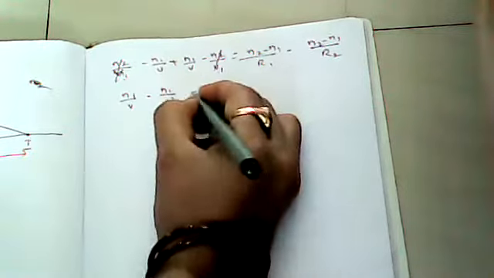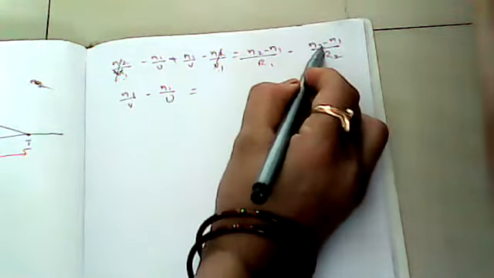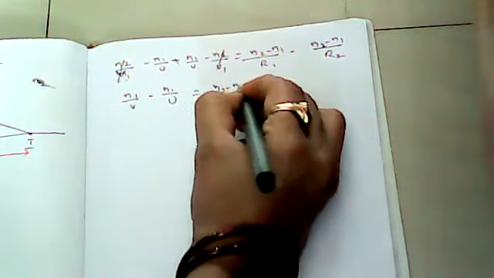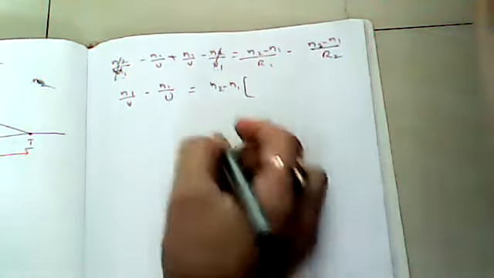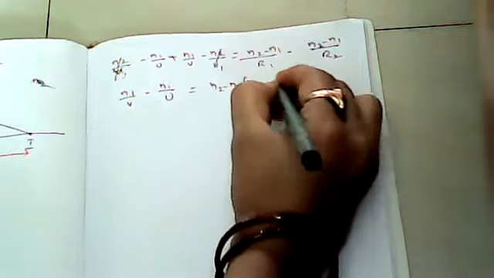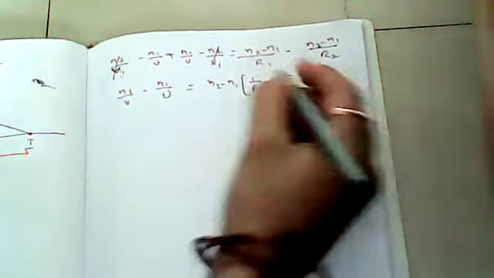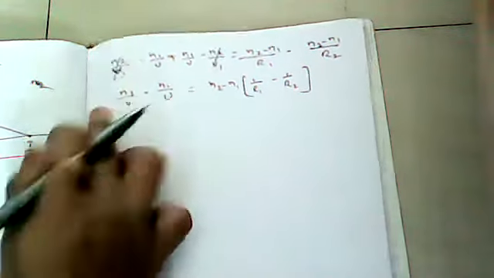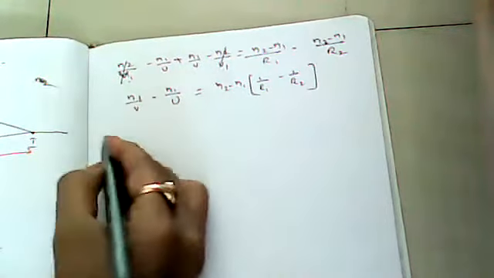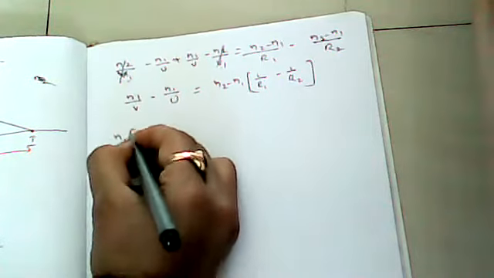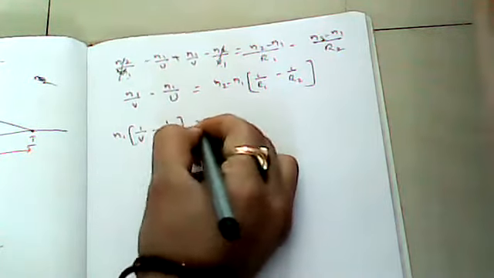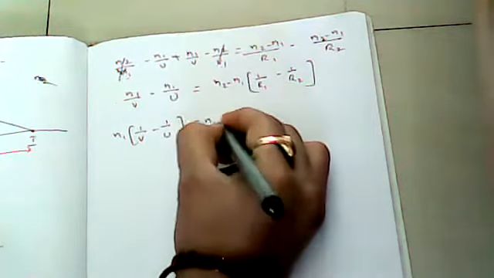Okay, right, which is equal to, here N2 minus N1 is common. So taking N2 minus N1 common, what we get there? 1 by R1 minus 1 by R2. Okay, so here ಇಲ್ಲಿ ಕೂಡ N1 common. So I am taking N1 common, 1 by V minus 1 by U, which is equal to, ಇಲ್ಲಿಂದ ಕೂಡ N1 common ತೆಗಿತಾ ಇದ್ದೀನಿ.